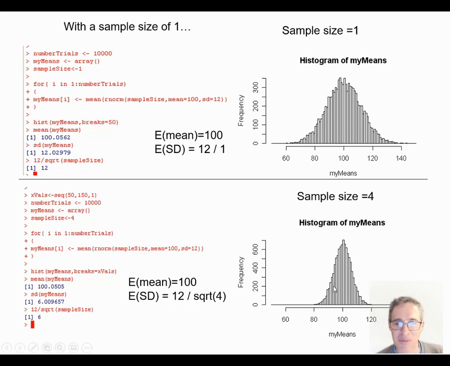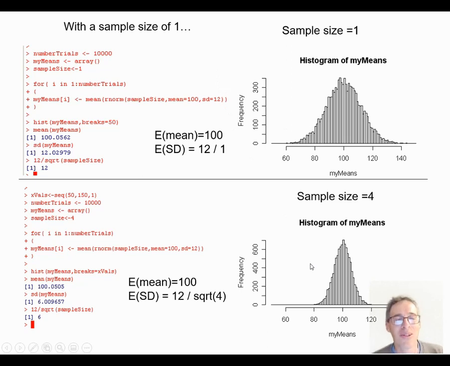So the standard deviation moves from 12 to 6. When I do inference, if I go 2 standard deviation units away, I have much more significance than if I go 2 standard deviation units away when just one student is taking the test.